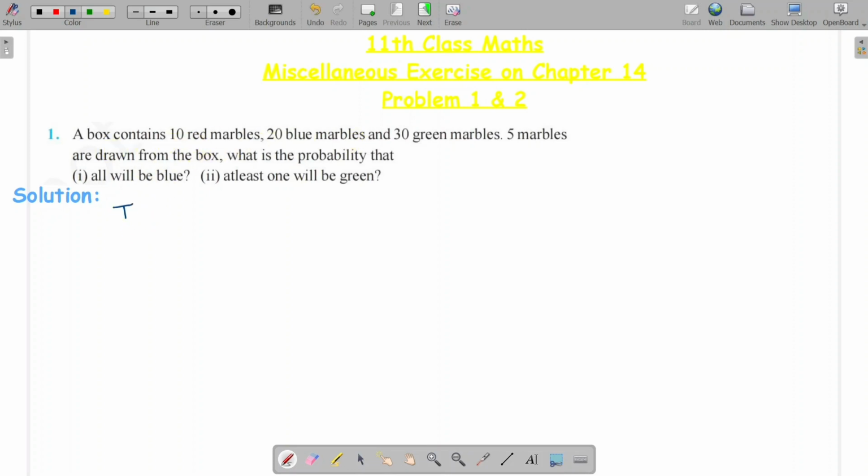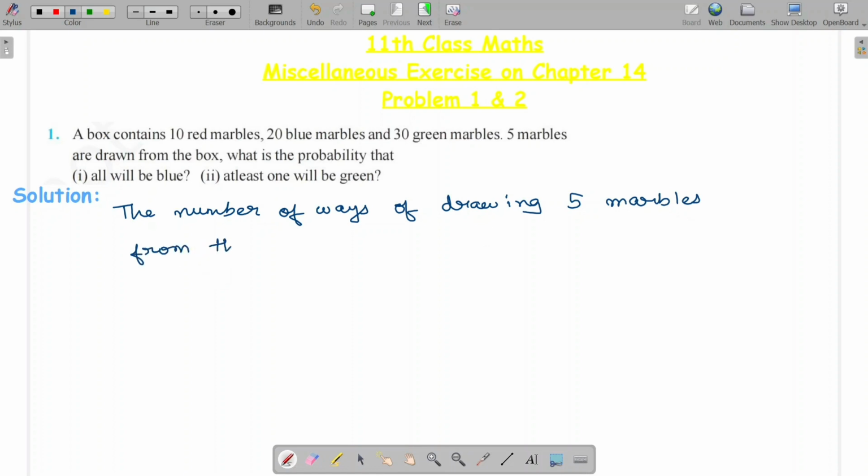Okay, so the number of ways of drawing 5 marbles from the total. So how many marbles are there?